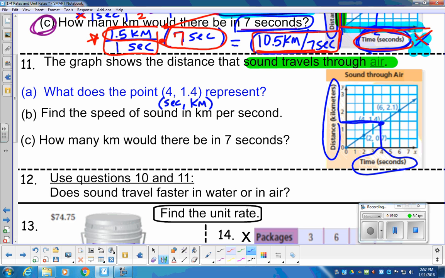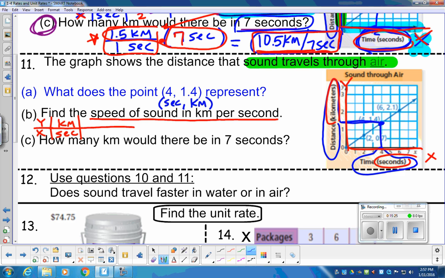So we're really comparing 4 seconds and 1.4 kilometers. We want to know the speed of sound in kilometers per second. We're comparing our y to our x here. Here's our y-axis, the label on the y-axis is kilometers. Here's our x-axis, the label on the x-axis is seconds.